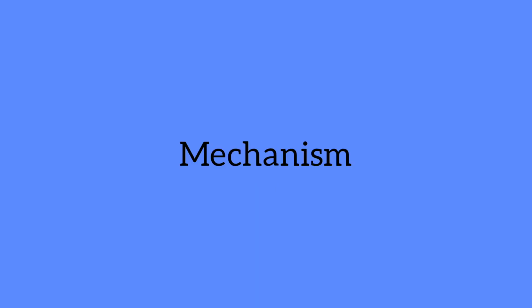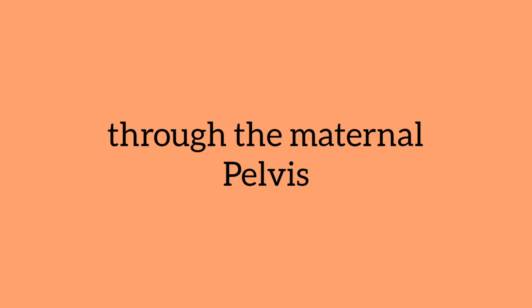Next, we will speak about the mechanism of labor, LOA and ROA. What is the mechanism of labor? The mechanism of labor is the series of passive movements of the fetus during its passage through the maternal pelvis during labor.